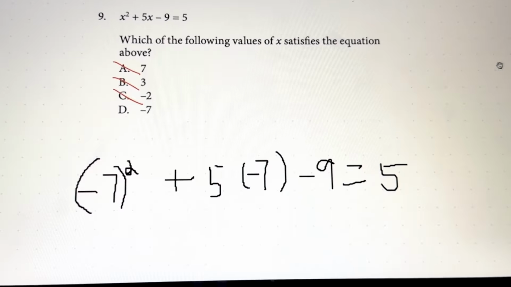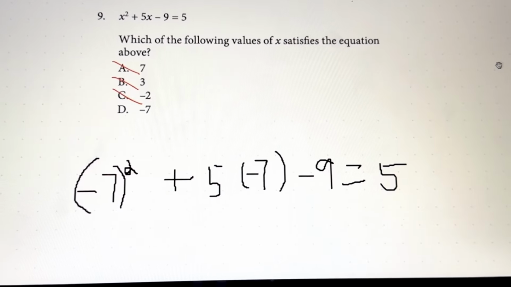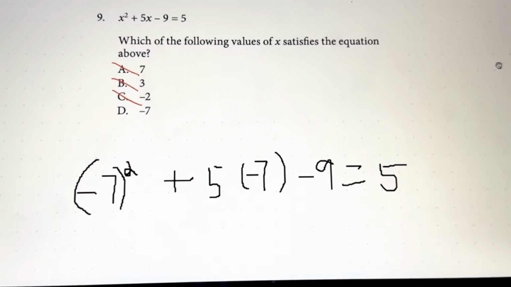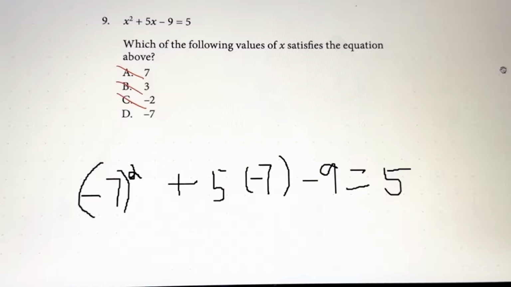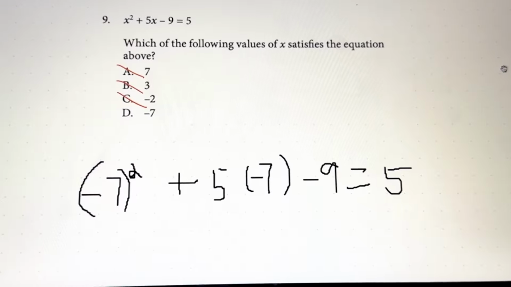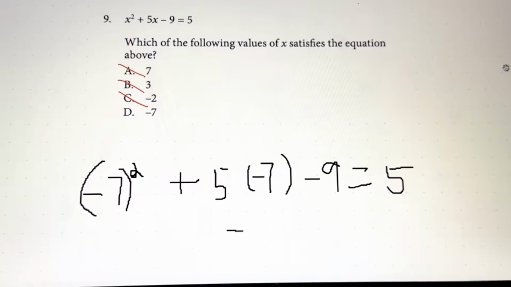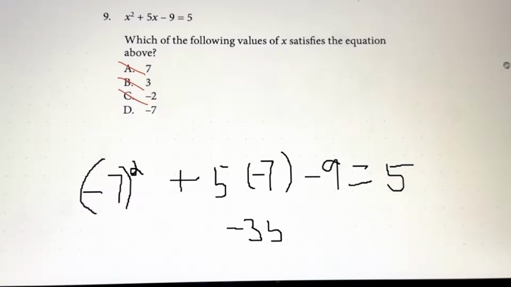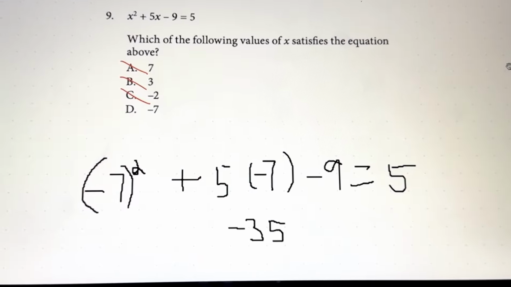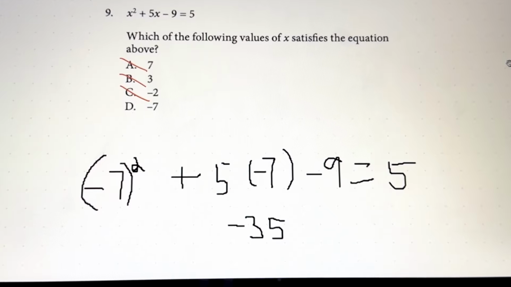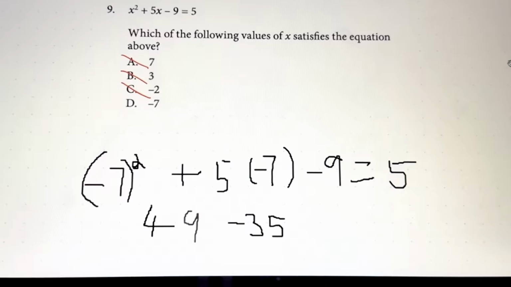Okay, good. This is looking promising. So first we're going to do parentheses. So 5 times negative 7. 5 times 7 is 35, so it's going to be negative 35. Exponents. Negative 7 times negative 7 equals positive 49. Negative times negative is positive.